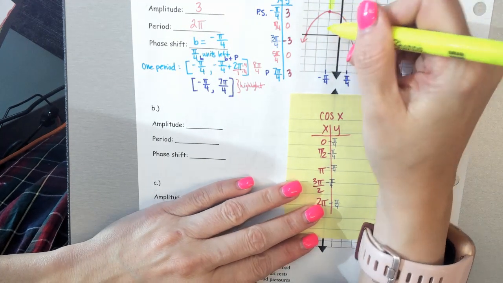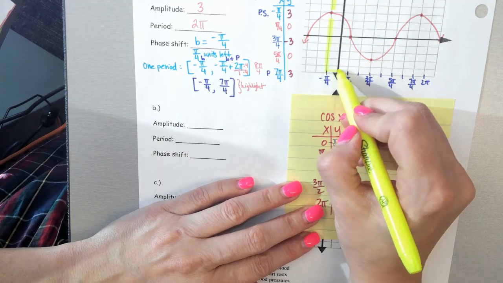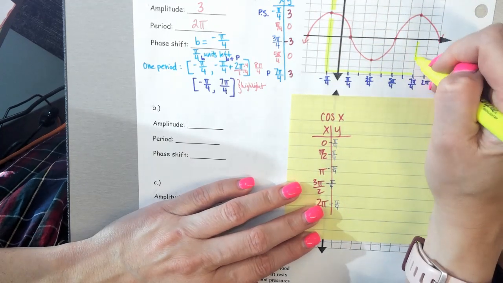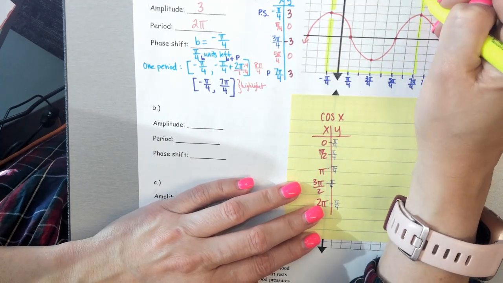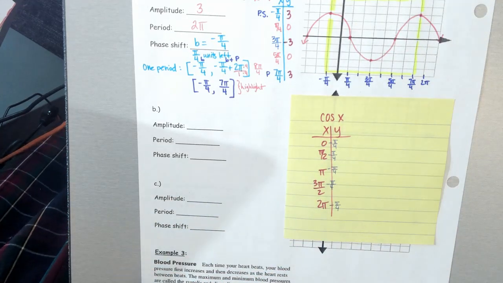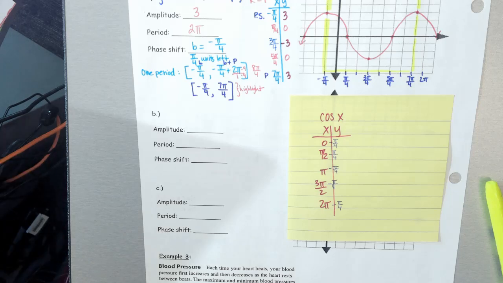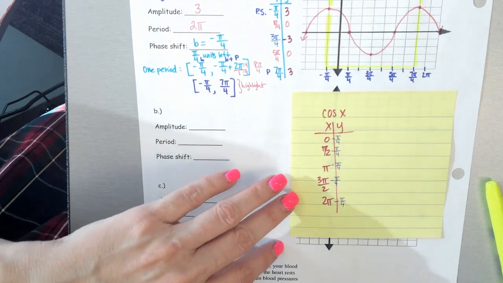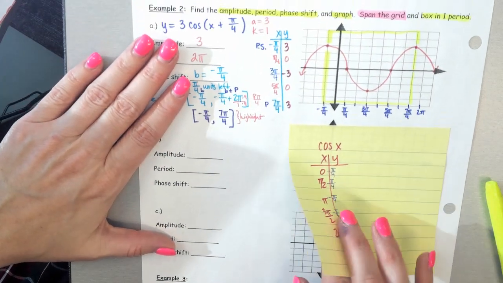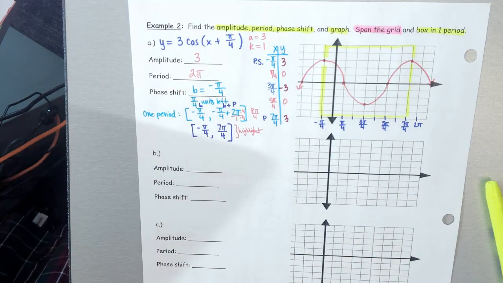And then when you box in one period, I just want you to highlight it like this so that we can still see your graph. So you're going to scan the grid, you'll have your table of values, and then you'll box in one period there.